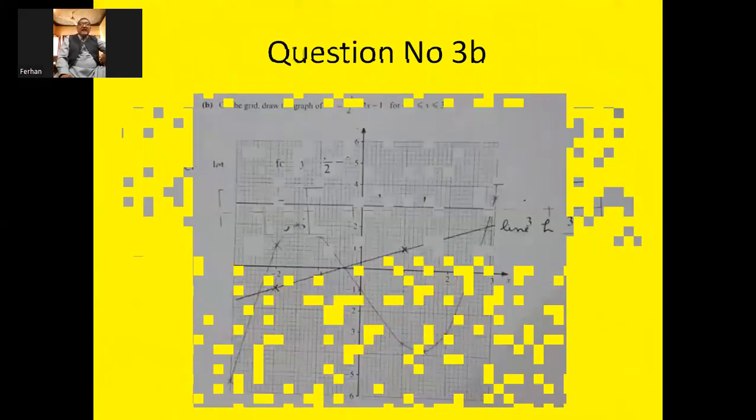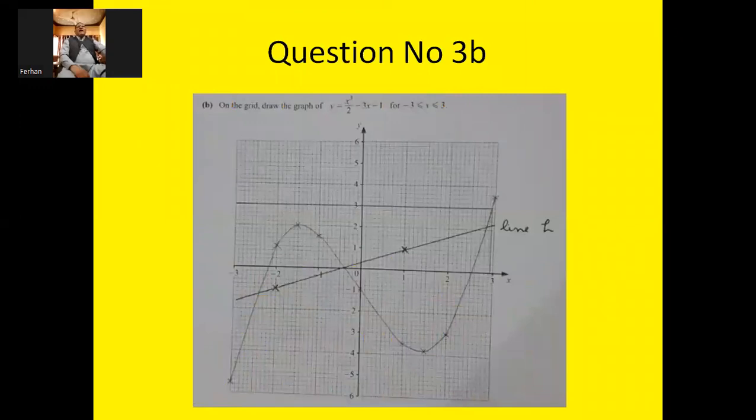This is that table. And when you plot those points and join them with a smooth curve, you will get this graph. Plot those points on the graph, join them with the smooth curve, and you will get this graph.